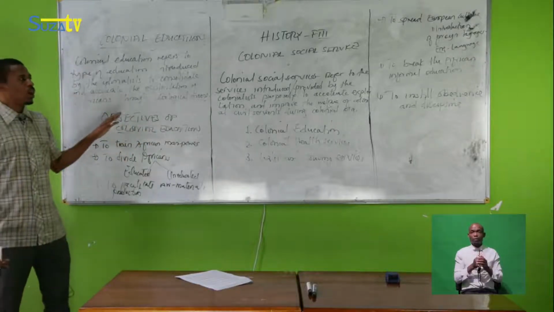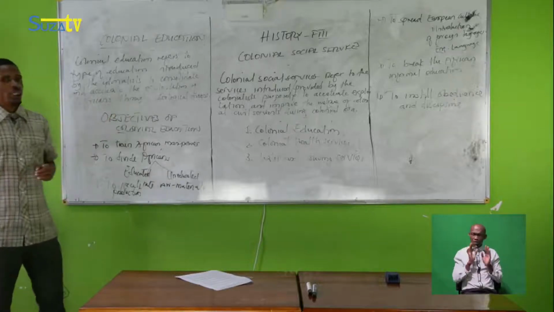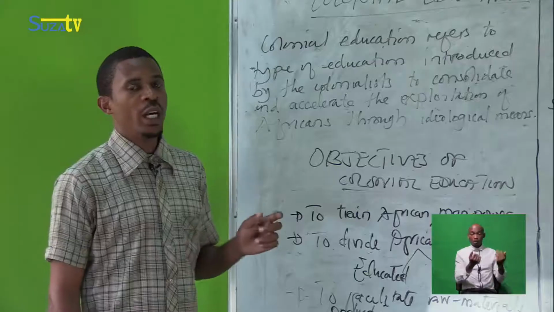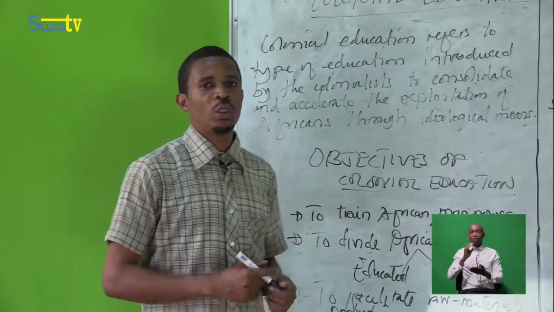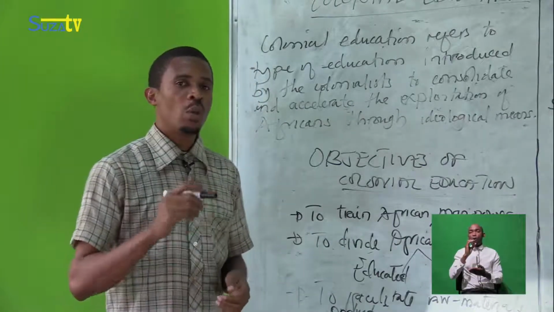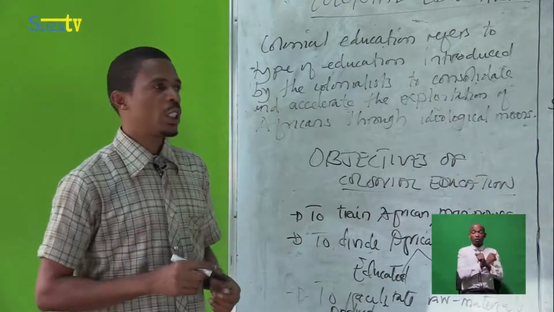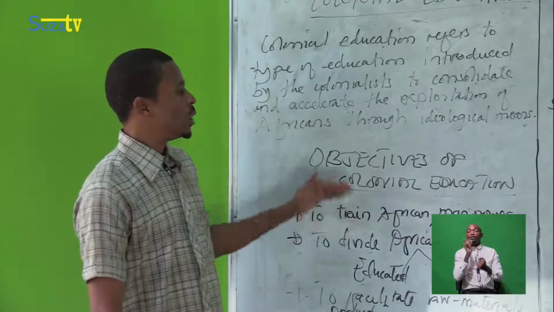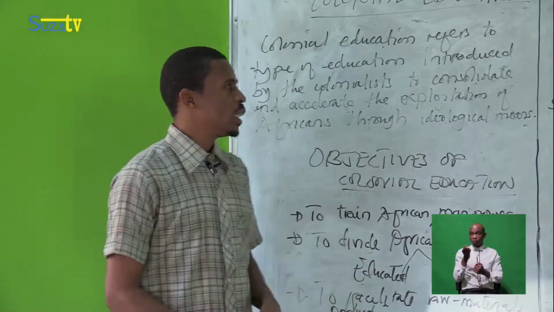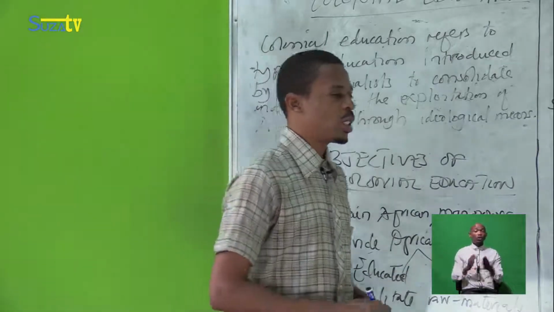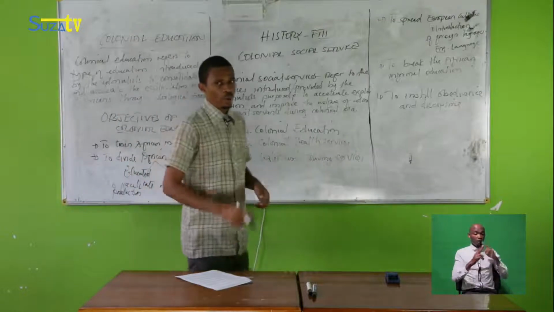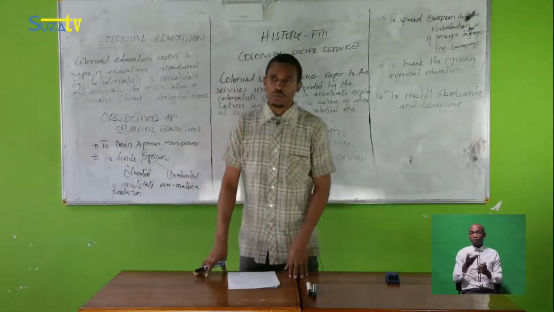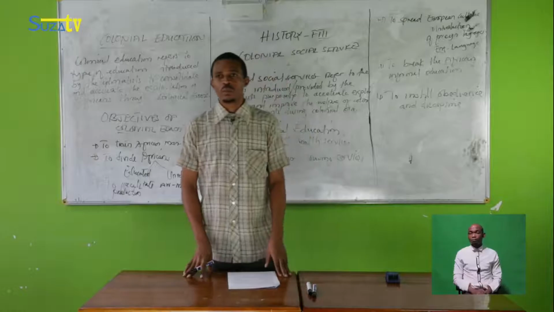I hope you have understood, and you are now able, when you find a question that asks you to explain the objectives of colonial education, to attempt such a question by explaining these objectives as we have discussed today. Is there any question? No one?